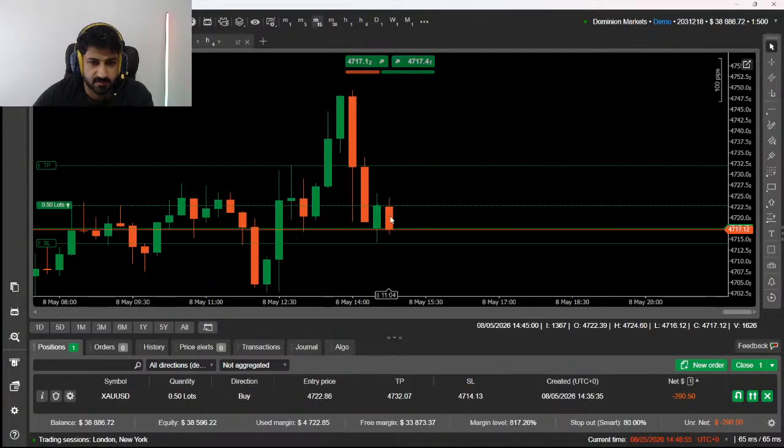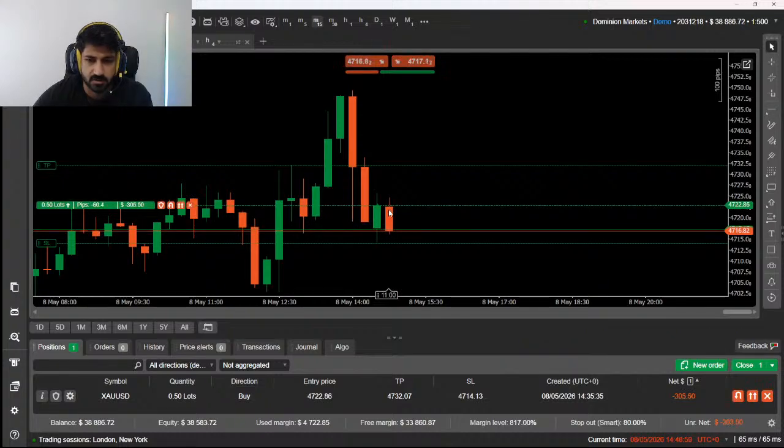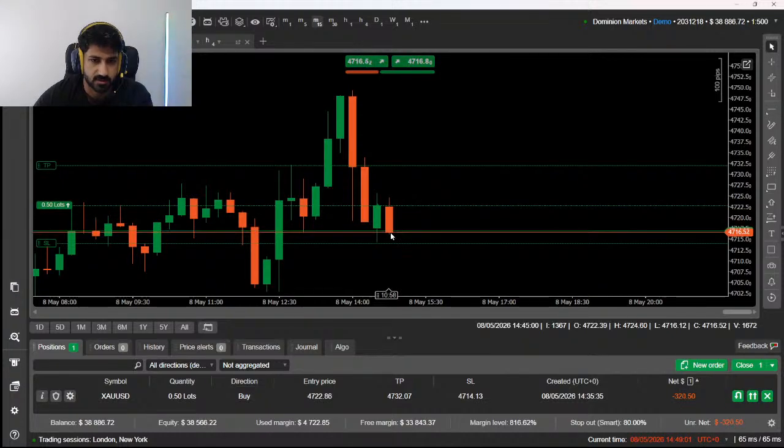So once this 15-minute candle was breaking its own low, I should have closed the position to lose less.